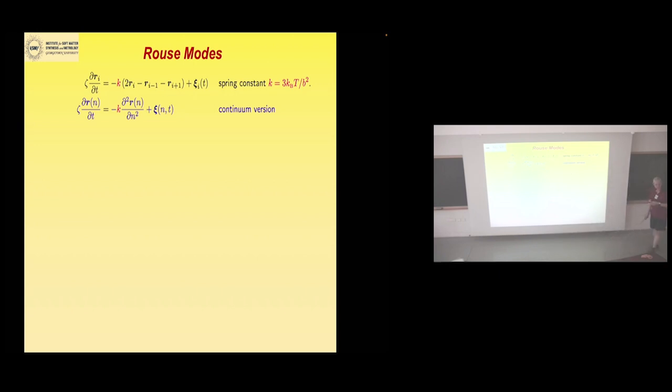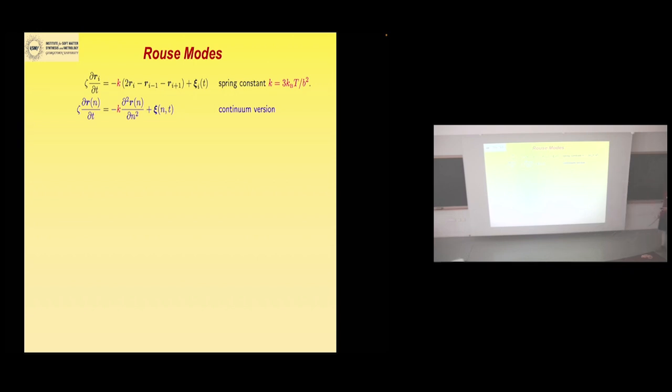I put the drag on the other side, so I can make a continuum version, which is d squared dn squared. And now we can see this is a diffusion equation. So dr/dt is minus k times the second derivative with respect to arc length. This n is the arc length along the chain, so it's a diffusion equation.